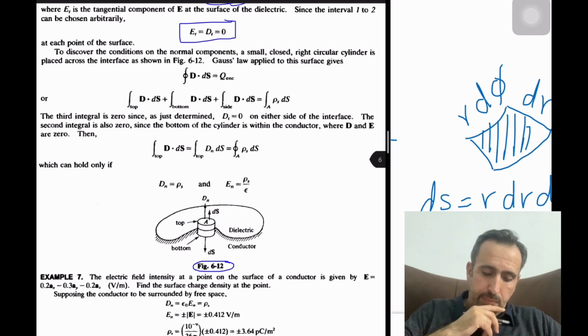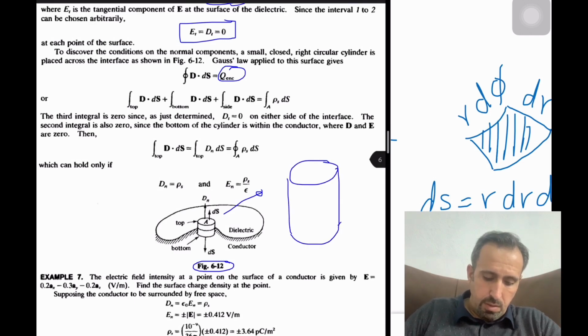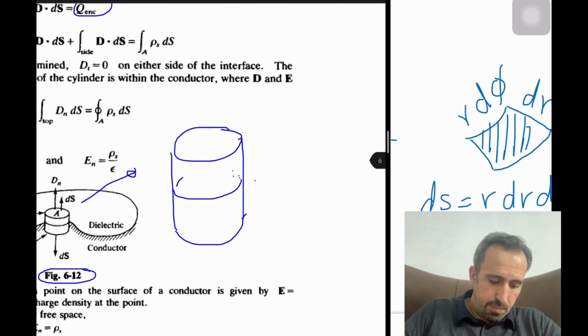Okay, so on the other side for Q enclosed, I will just maximize this plot just to understand whatever is taking place here. Okay, so you will have here exactly at that level, where the interface exists, a certain area.